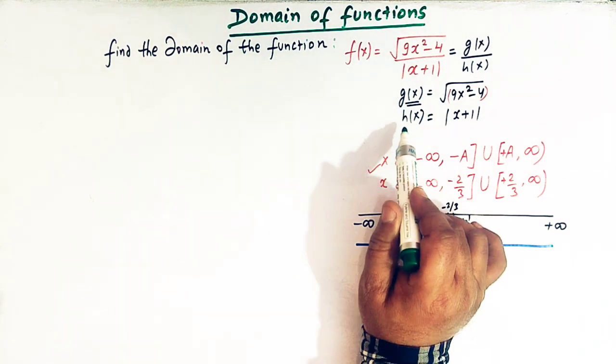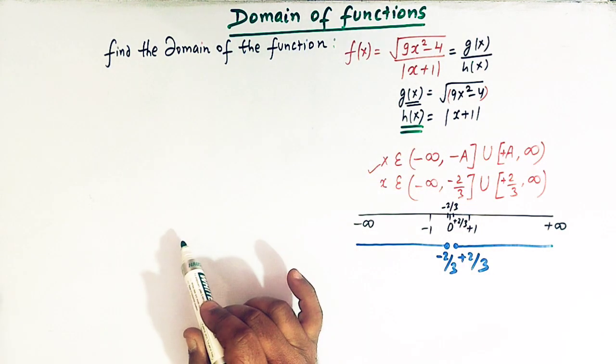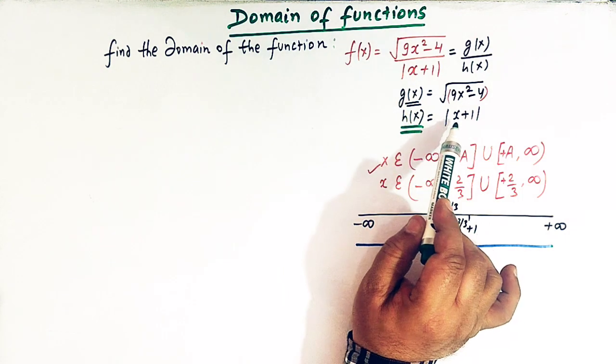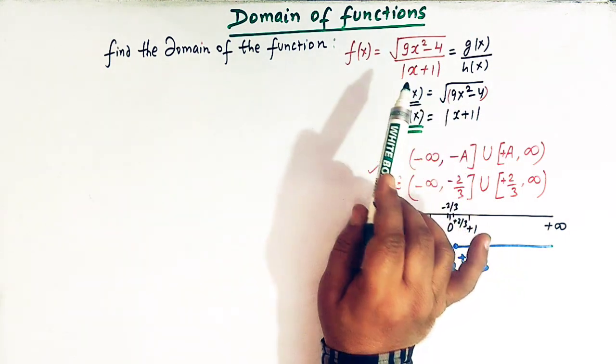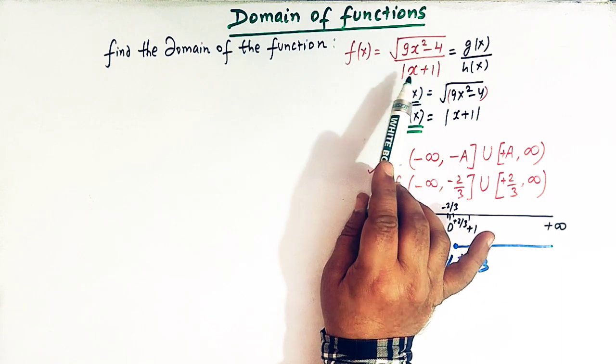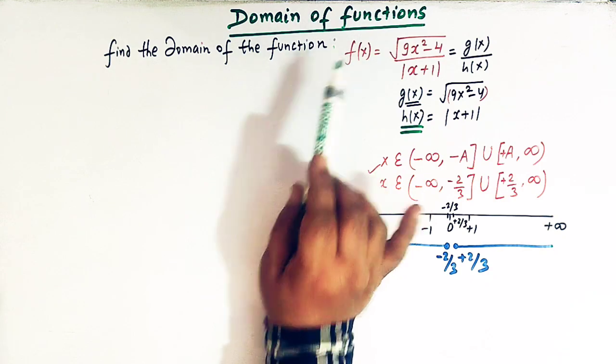So now let us consider this function h of x, right? The important thing about this function, mod of x plus 1, is that this function appears in the denominator of this function f of x.